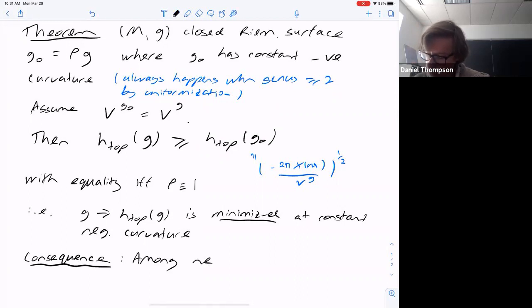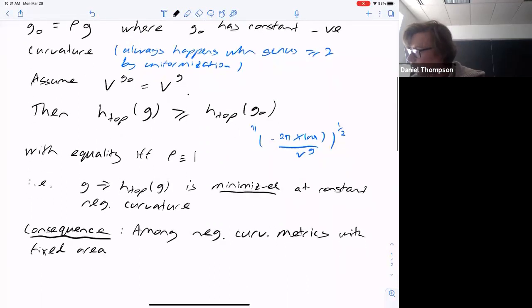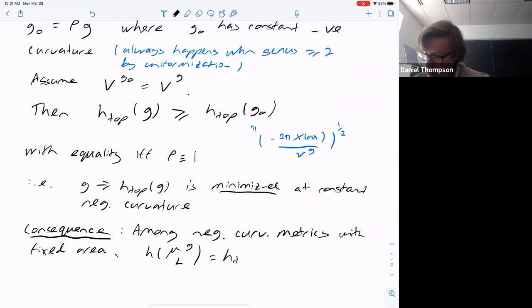But anyway, if we restrict to the negative curvature guys, among the negative curvature metrics with a fixed area, then this is giving us that the Liouville entropy equals the topological entropy if and only if G has constant negative curvature.